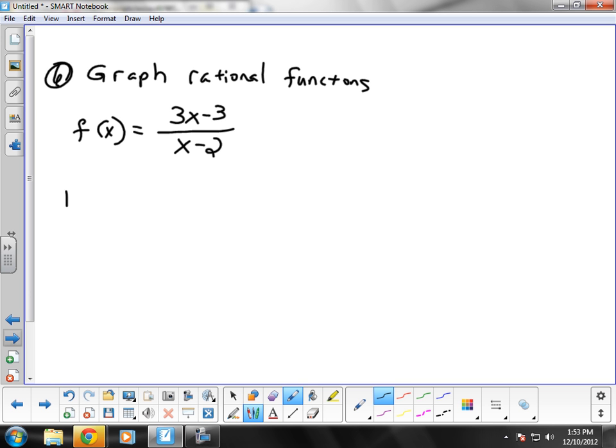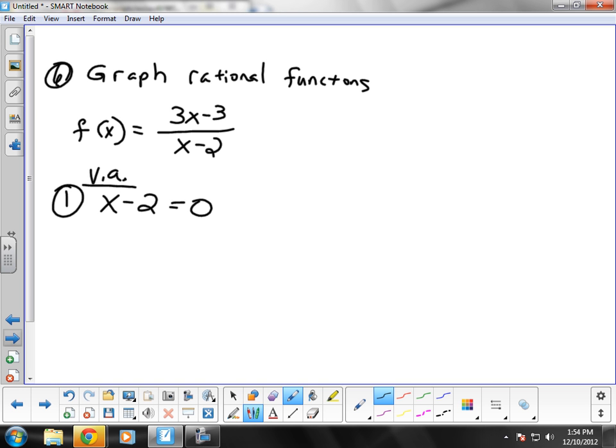So the first thing we always do is we set the denominator equal to 0. Because that's going to find what for me? My vertical asymptote. And I always look to make sure nothing's going to factor out. Remember, because sometimes it's not a vertical asymptote, it's a removable discontinuity, right? So I'll double check that.